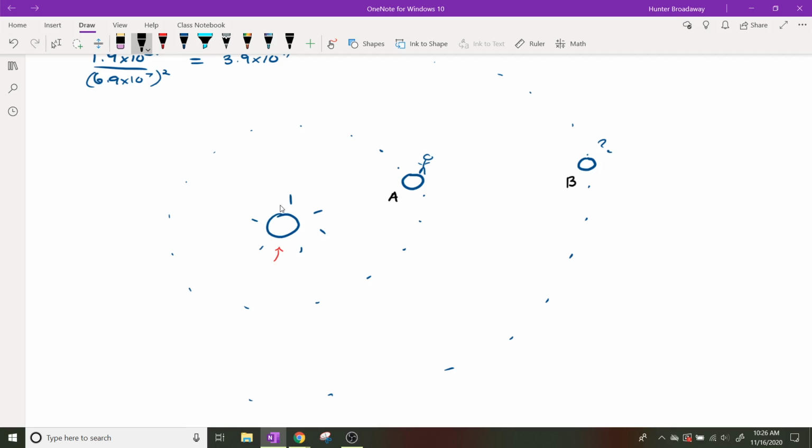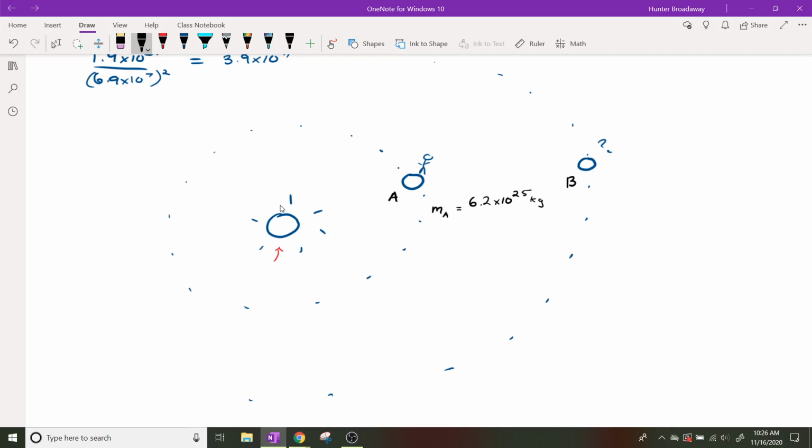So we can get an idea of what the mass of our planet is by doing some estimations. Let's say that the people living on this planet found that the mass of A is equal to 6.2 times 10 to the 25th kilograms.